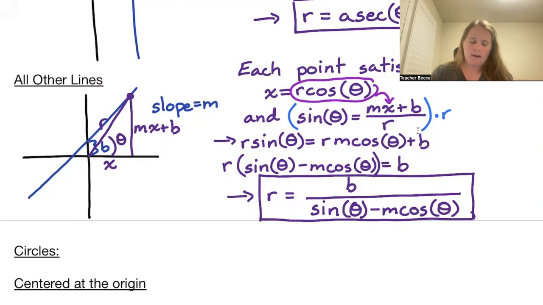From here, let's go ahead and move on into circles. So we're going to do 3 specific circles.